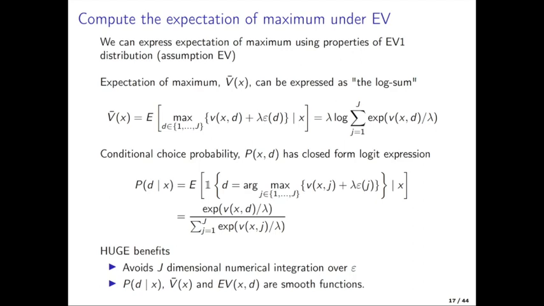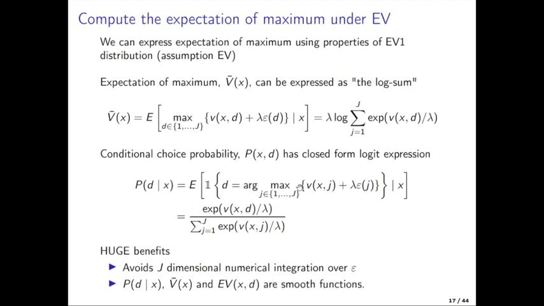We call them conditional choice probabilities because they are choice probabilities for choosing discrete actions conditional on x. Okay, now what is that? Well, that's the probability that the decision you're looking at is actually the optimal choice.